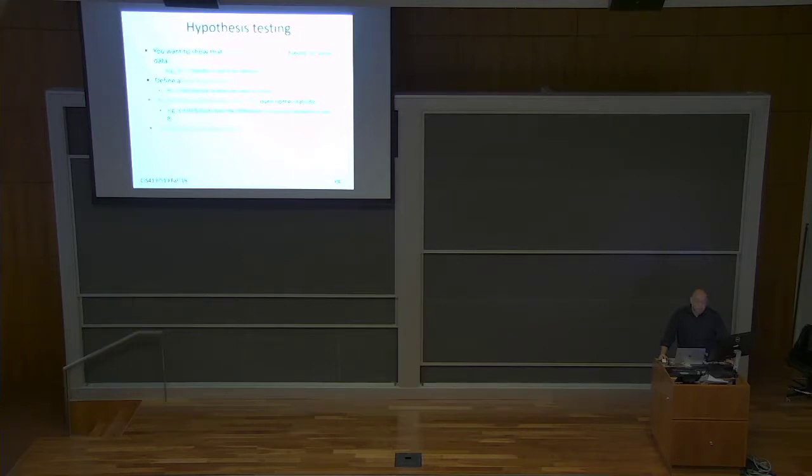We take some statistics, and H0 defines a distribution over these statistics. For example, this could be statistics over the difference in accuracy between algorithm A and B. And then we want to ask, can we reject this hypothesis?